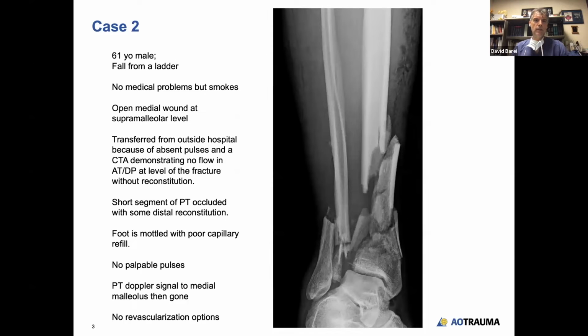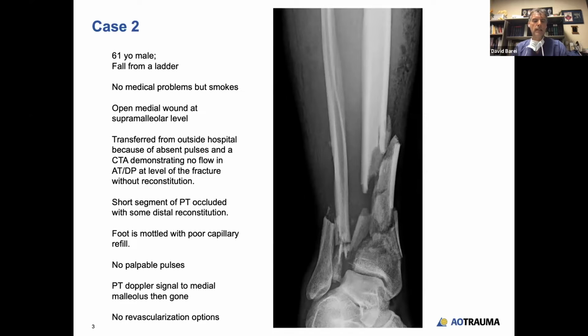Here's case number 2. This one's a 61-year-old fella. He also likes to be up on a ladder, and he enjoys the occasional cigarette, but otherwise he's a healthy guy. He's got an open medial wound at the supramalleolar level. The interesting thing about him is that he's transferred from an outside hospital because he has absent pulses and a CTA demonstrating no flow of any significance at his anterior tibial artery and dorsalis pedis level, and there's no reconstitution.